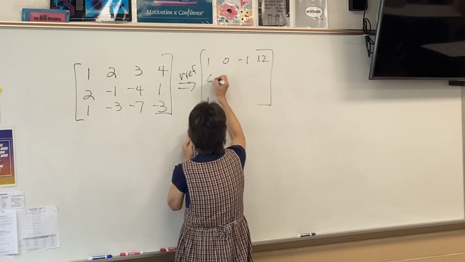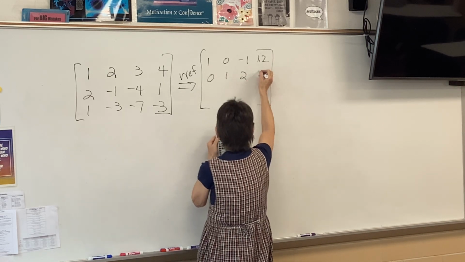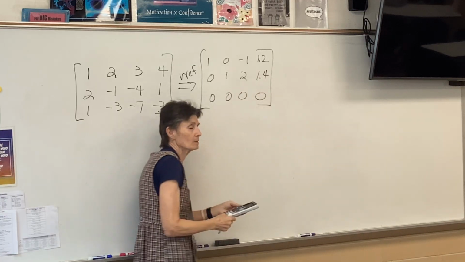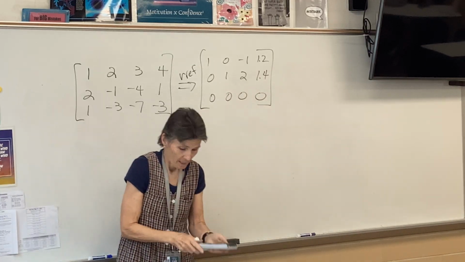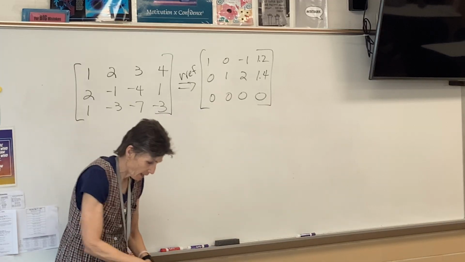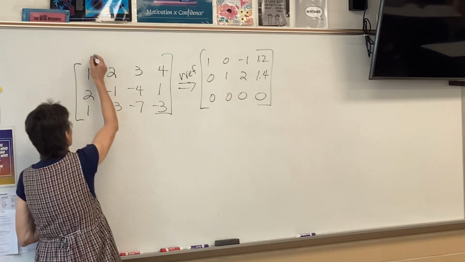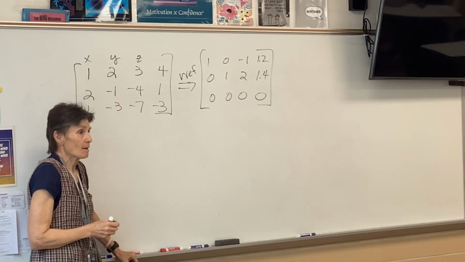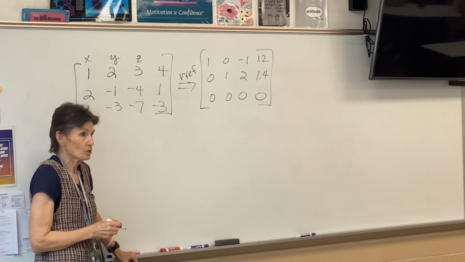Oh my goodness. Tell me I typed a number wrong. That's what I got. This is all zeros on the bottom. And when there's all zeros on the bottom, what are my variables, X, Y, and Z? That means I'm going to have infinitely many solutions.